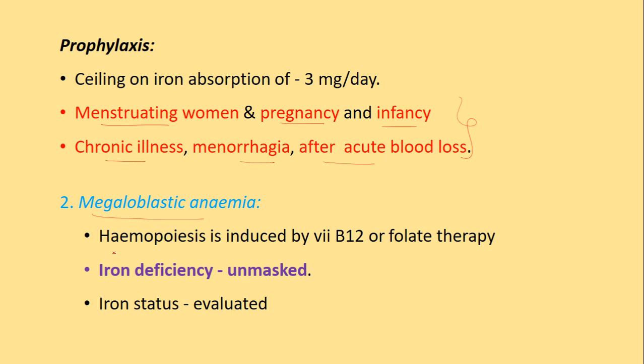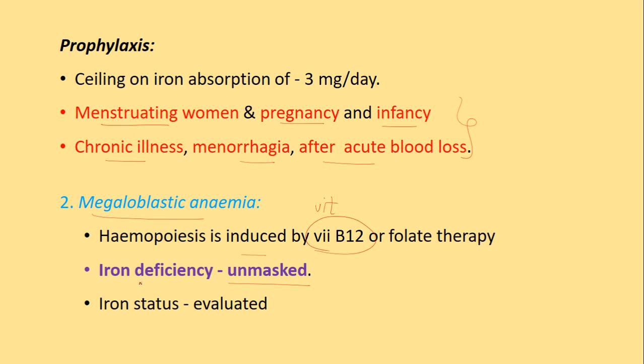Here hemopoiesis is induced mainly by vitamin B12 or folate therapy. When you are using vitamin B12 and folate therapy, the anemia may improve. But if there is coexisting iron deficiency anemia, it will be masked.